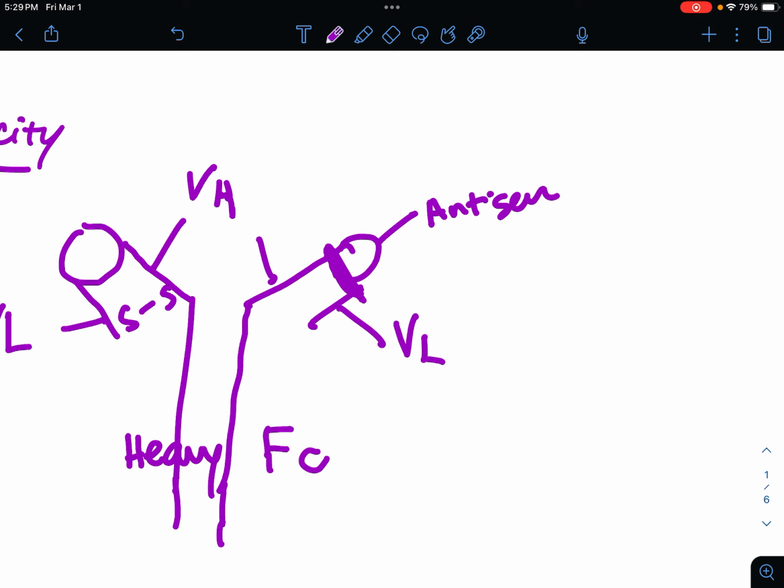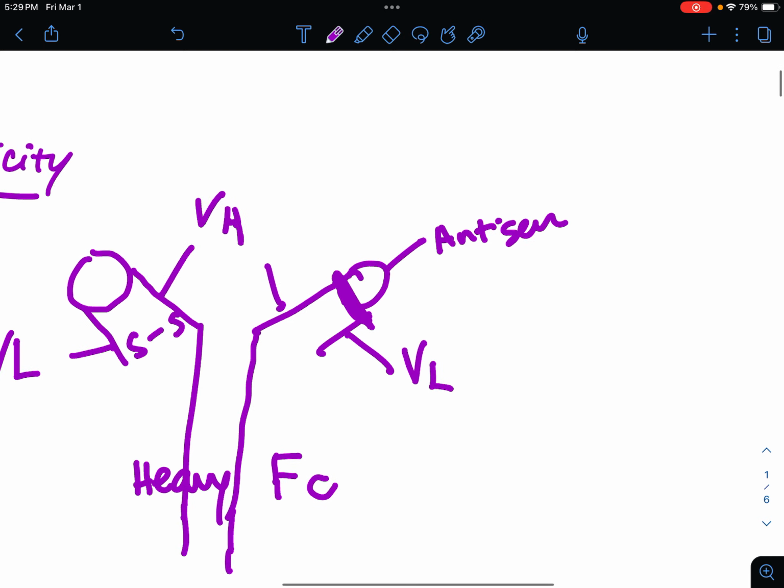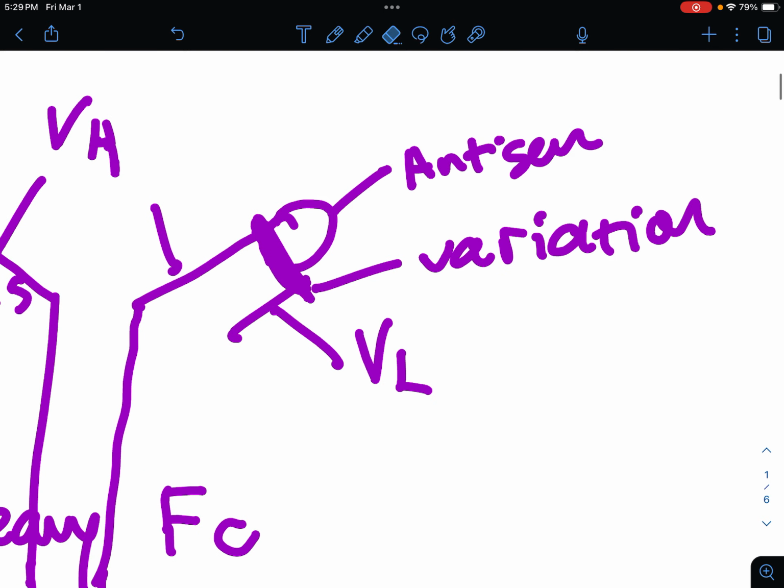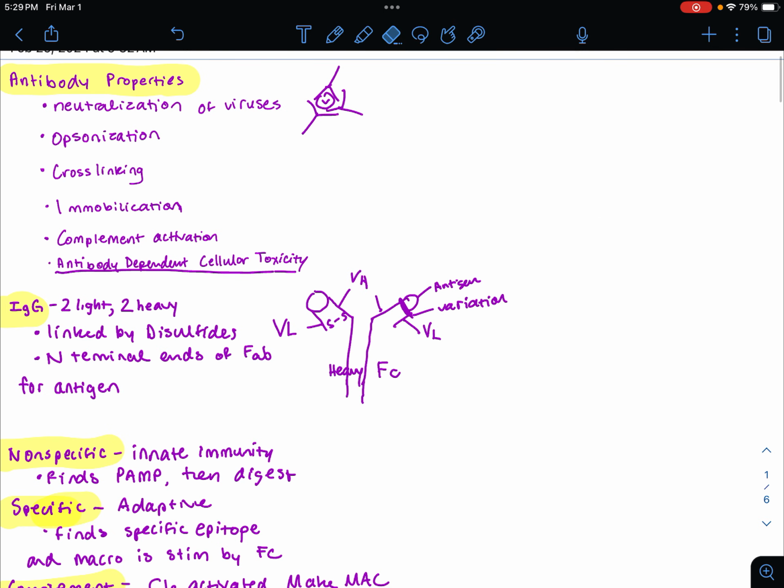There's an antibody for every possible type of antigen. So there's a lot of variation here. That just comes from a bunch of recombination, all these junction diversity events and whatnot. So again, a lot of variation at the binding site. So you virtually have an antibody for every possible type of antigen.